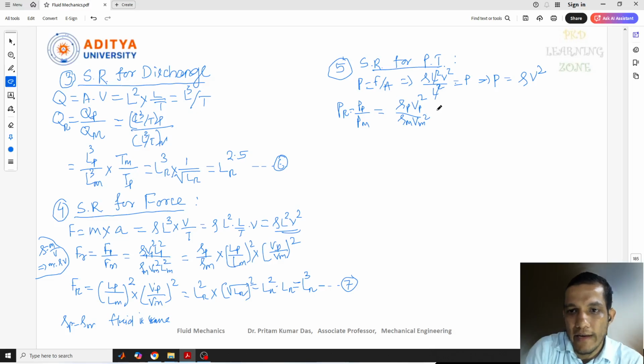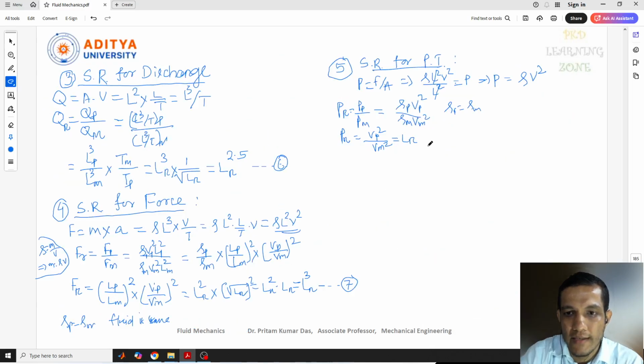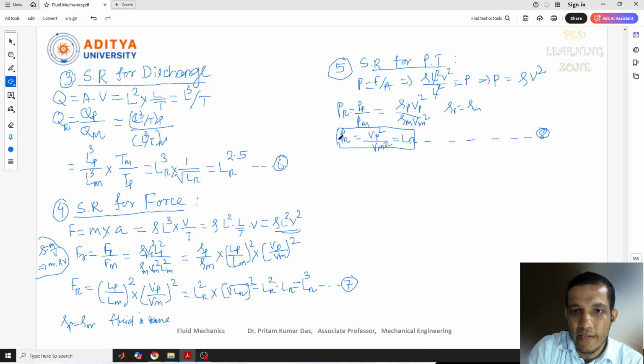Finally, if you consider that rho P and rho M are the same, then we can write PR equals VP square divided by VM square, which is nothing but LR. So VP by VM square, let's check it once. VP by VM is root over of LR. If you take the square, the square root will be cancelled, so we'll get LR. So this is another equation, equation number 8. This is another ratio, that is the pressure ratio, scale ratio.